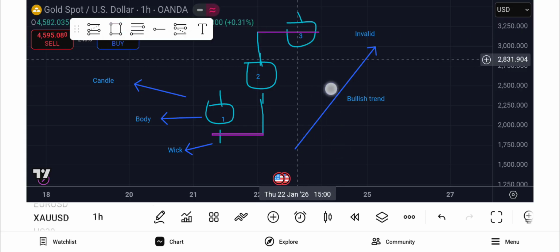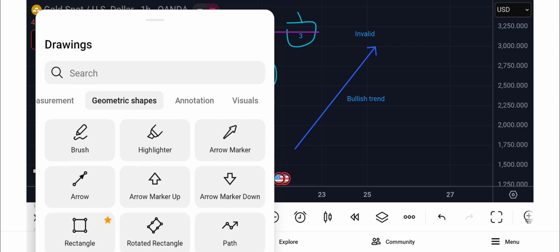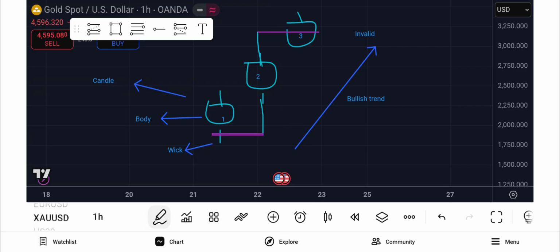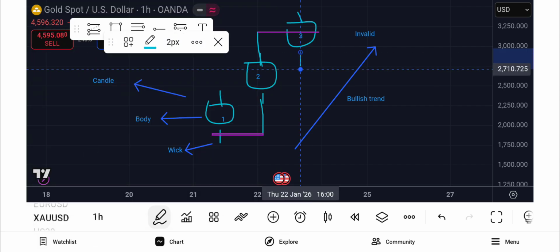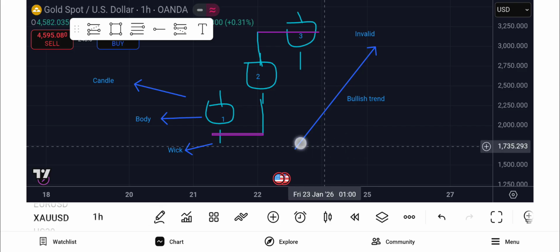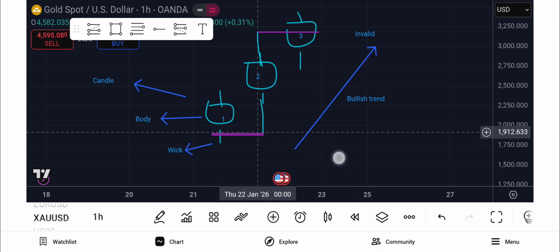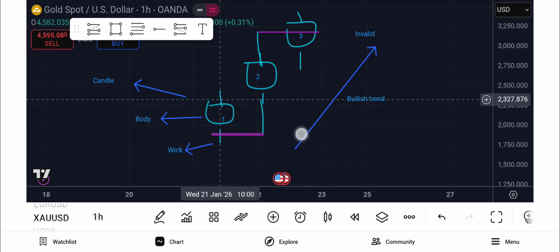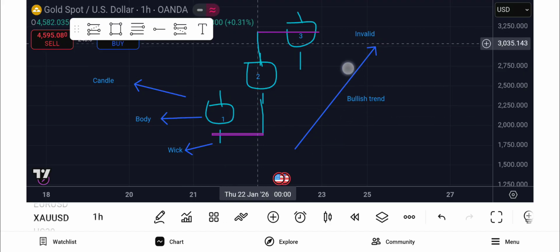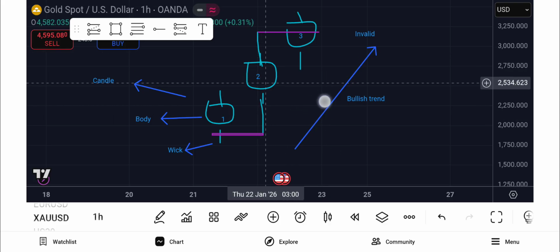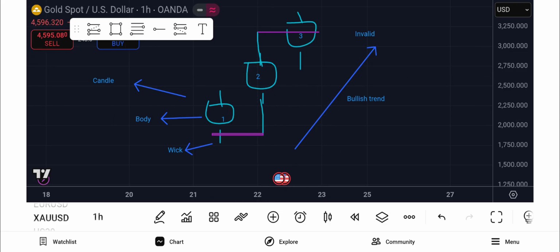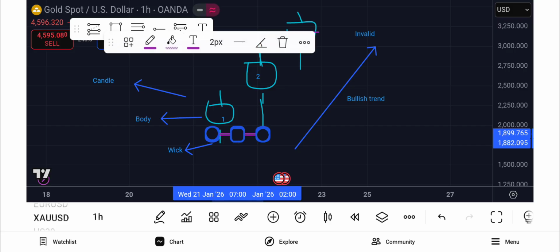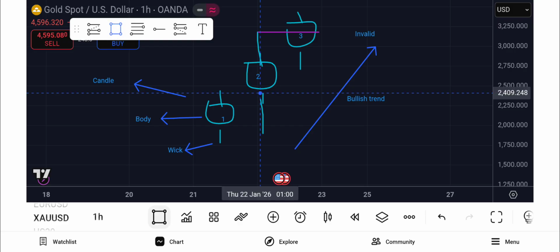It touches both of them. Right, you see how the second candle goes all the way to the first candle. You see how the second candle goes all the way to the third candle. Yeah, it doesn't matter. It really doesn't mean anything. What matters is always the first and the third candle.